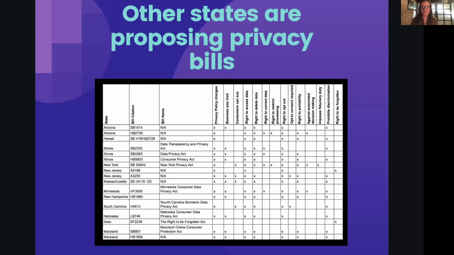Fiduciary duty is the duty to use data to the best of your ability and make the best decisions when it comes to that data. Prohibits discrimination means you could not discriminate against people who exercise their privacy rights by charging them more or giving them goods that are of lesser quality.